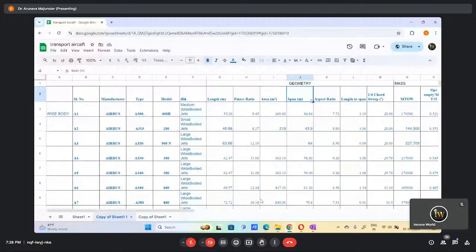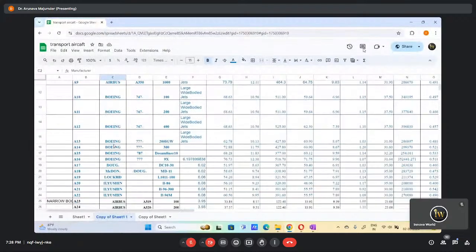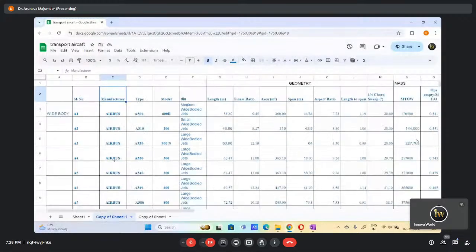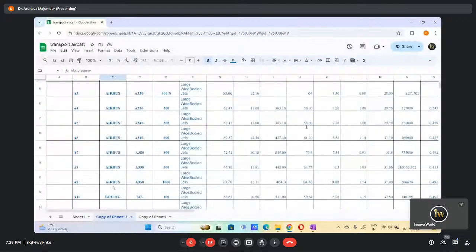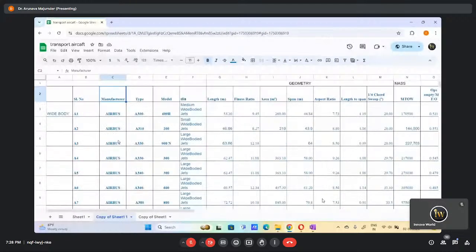So if you are targeting the manufacturer, you can see there are only two or three manufacturers written: Airbus, Boeing, and Lockheed. So three or four categories. If our outcome variable is the manufacturer, we are only estimating the company.